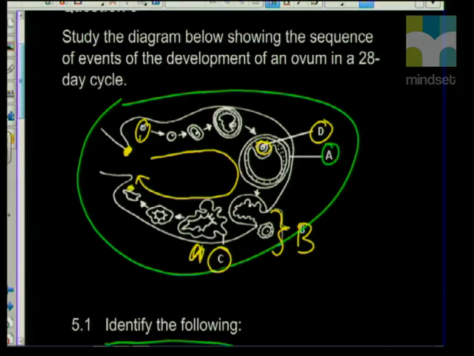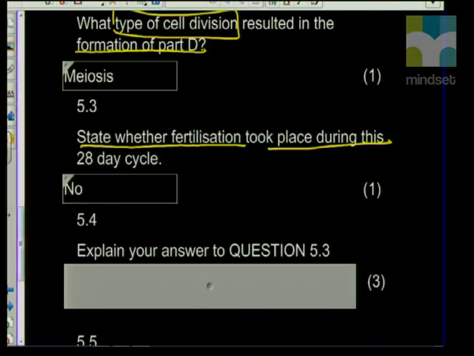So look at how small the corpus luteum is here. Was this egg fertilized? No. It was nice and big, and it's gone very small. So the progesterone levels have dropped, so menstruation has happened. Did fertilization take place? No. Not a chance. Now explain your answer to the question. Because the progesterone levels have dropped because the corpus luteum has become smaller.